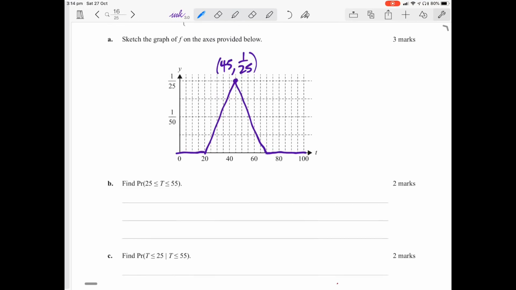Find the probability that 25 is less than t, which is less than 55.